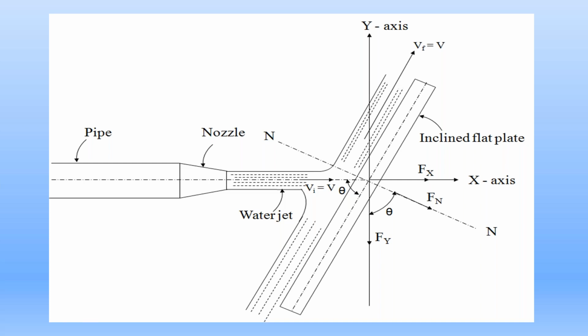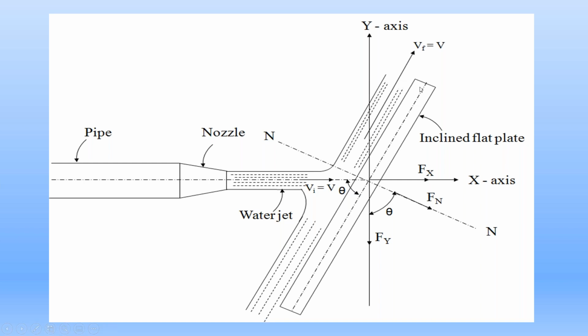The metal plate is an inclined metal plate. So after the impact, the water jet is moving on the surface of the metal plate with final velocity Vf. Since there is no loss of energy, the final velocity is equal to V. So this final velocity in this condition is in the inclined direction.